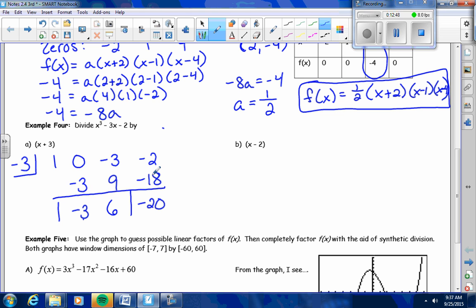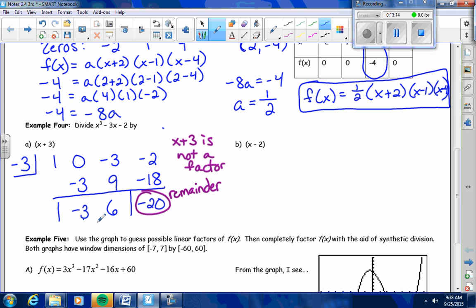But because we actually have a remainder, so this number that you're left with is the remainder, that means x plus 3 is not a factor of this polynomial because we ended up with a remainder. You have to have a remainder of 0 for that to be a factor.